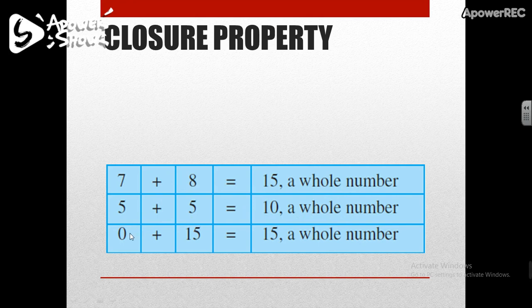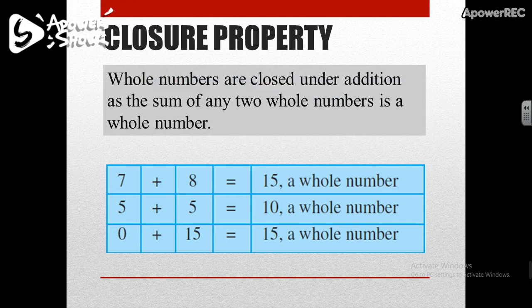Now I am taking 0 and 15, both are whole numbers, and after addition we are getting 15, which is again a whole number. So by looking at these examples, after adding two whole numbers, we are again getting a whole number.